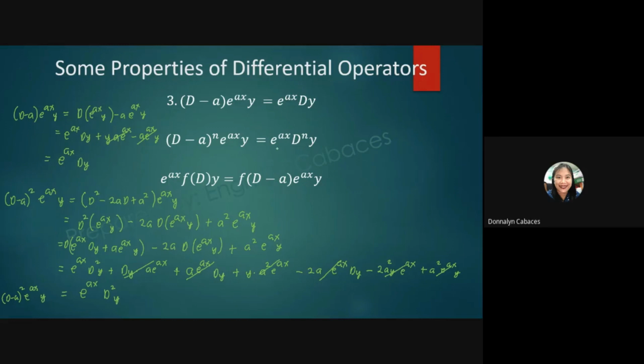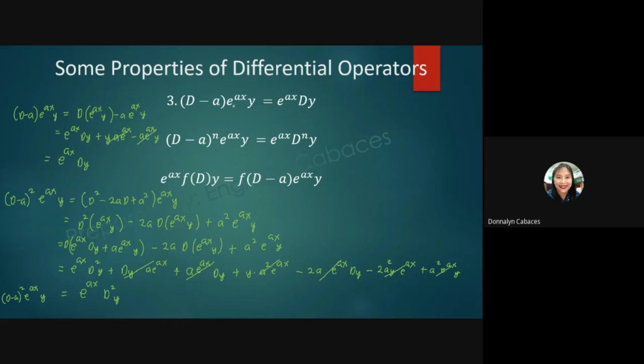You just take note that if you have (D minus a) to the n of e to the ax y, then it should be equal to e to the ax D to the n y. So take note, why is it exponential shift? If you notice, we have shifted this e to the ax. On the left side, it is after D, the differential operator D, but we shifted it to the left of D on the right side.